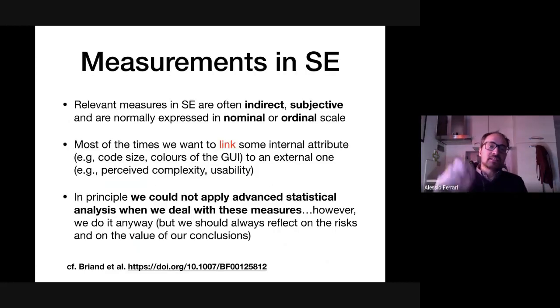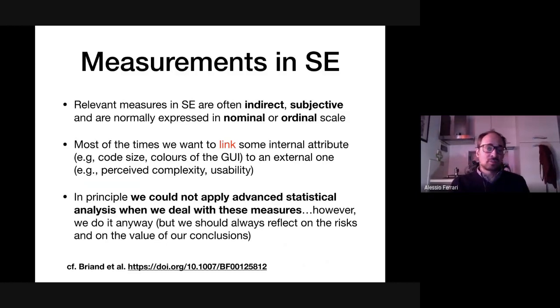As we have seen, relevant measures in software engineering are often indirect. Okay, you rarely measure just lines of code. You most often want to measure complexity or usability, which are subjective, and you very often involve some person in the evaluation of your measurement, and they are normally expressed in nominal or ordinal scale.